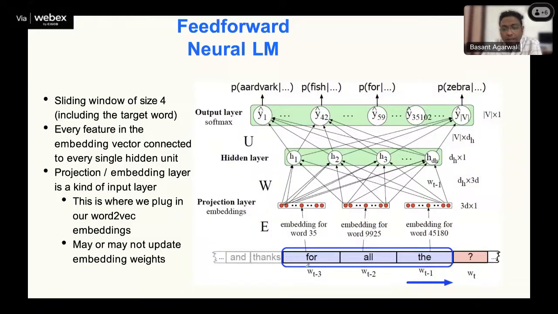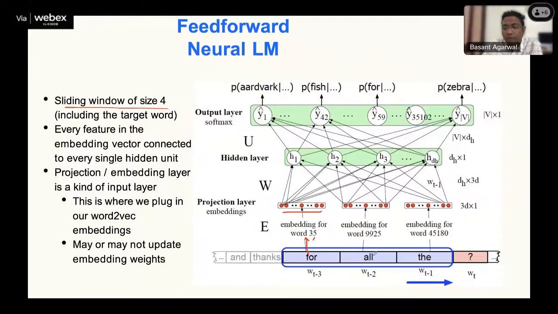See here in the input, for example, for, all, and the: we are taking three context words, and one word, the next word, we want to predict. So the window size of the sliding window becomes 4, including the target word. In the first layer, the input layer, we represent each word with its embedding. For this example, the word for appears at position 35 in the vector, and the embedding of this word is taken.